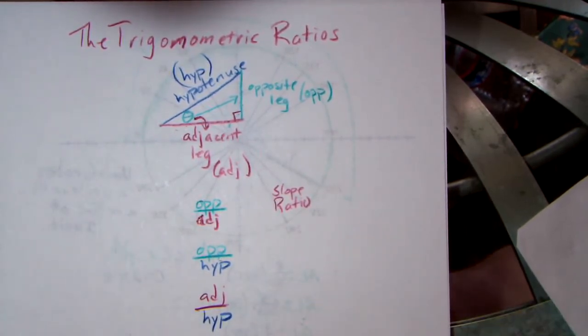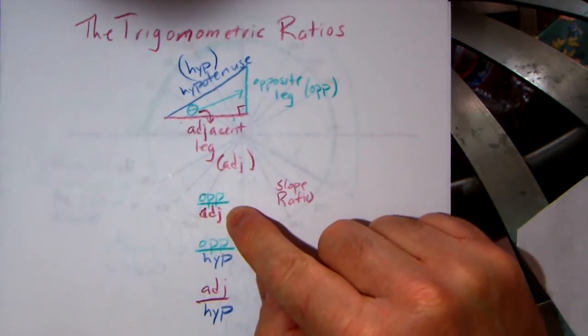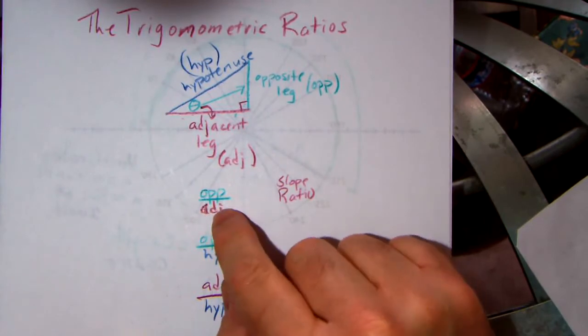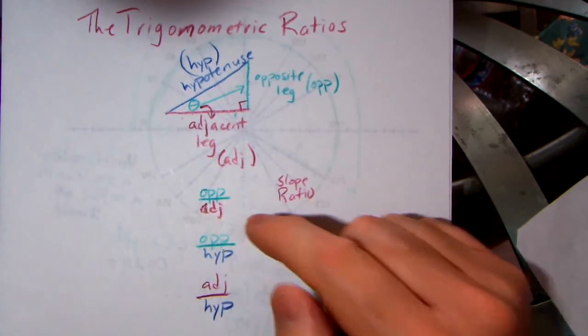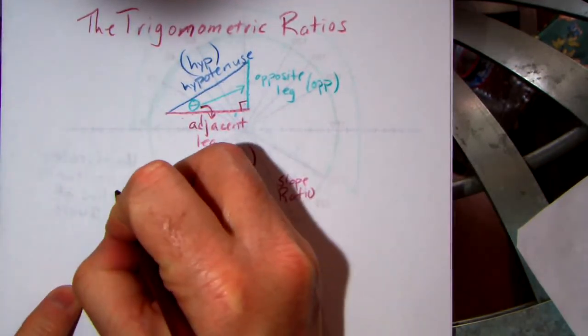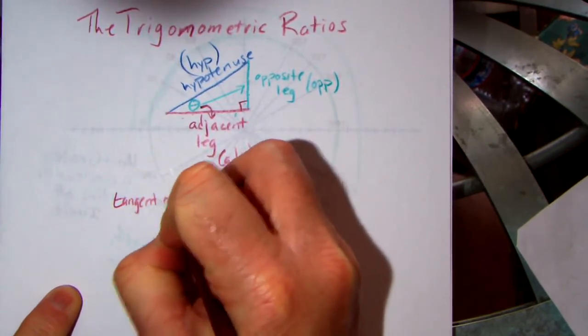So each of these ratios has a name. We're used to talking about the slope ratio of this for the last couple of weeks, but there's actually a mathematical name for this ratio. And this ratio is known as the tangent ratio.